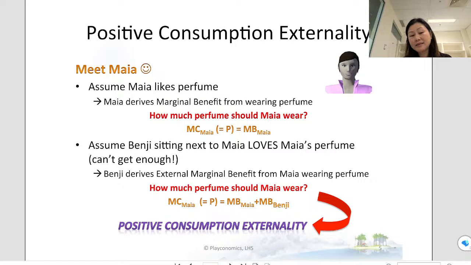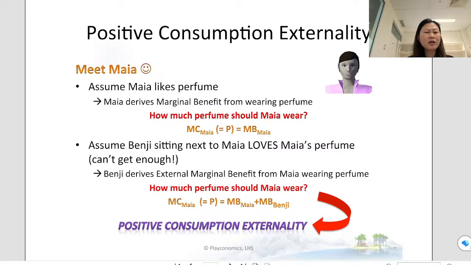Maya is an economist. She's going to use the cost-benefit principle to compare the marginal cost of putting on perfume, which realistically is the cost of purchasing the perfume, versus the marginal benefit she gets from the additional unit of perfume.